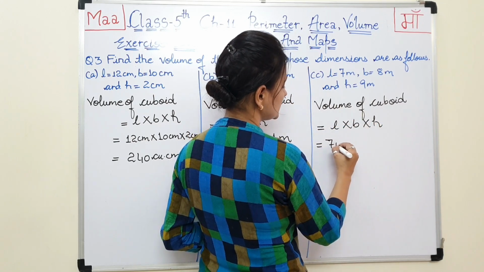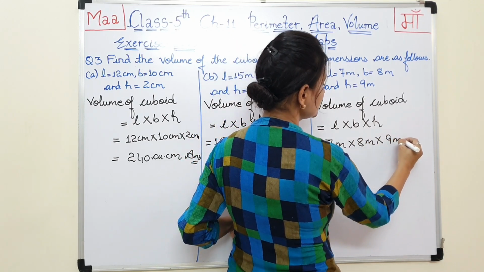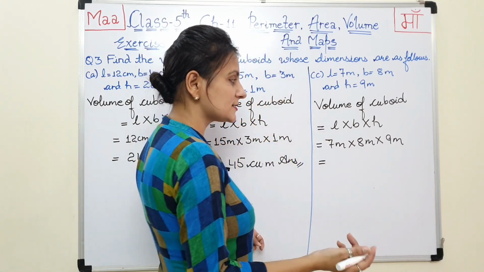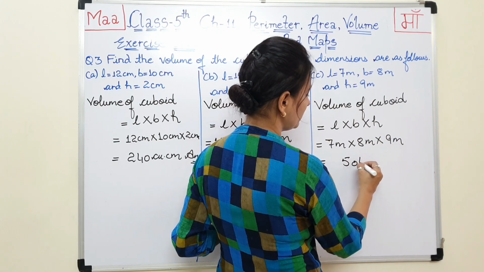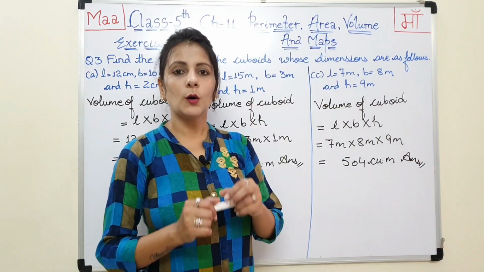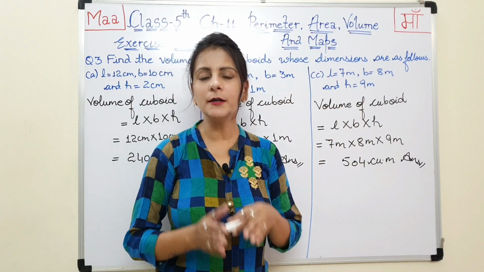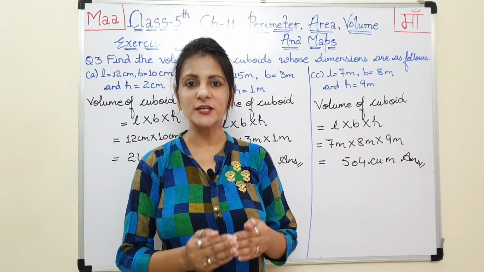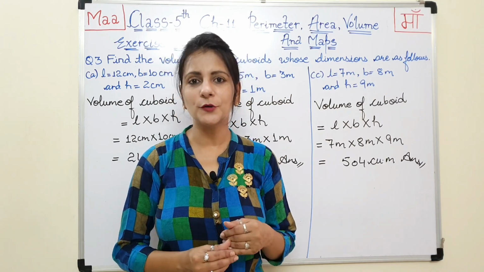So the length is 7 meter, breadth is 8 meter, and the height is 9 meter. 7 into 8 is equal to 56, and 56 into 9 is equal to 504 cubic meter, answer. Okay students, so like this you have to do question number 3. Nothing difficult, only put the formula and then place the values which are given in the question in the formula and then multiply to find the answer of the volume of cuboid.